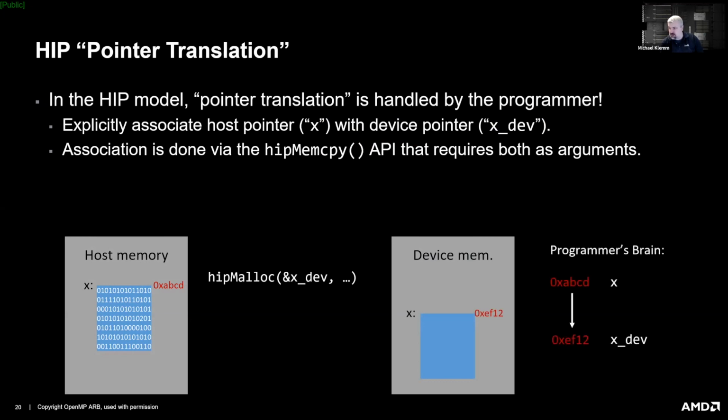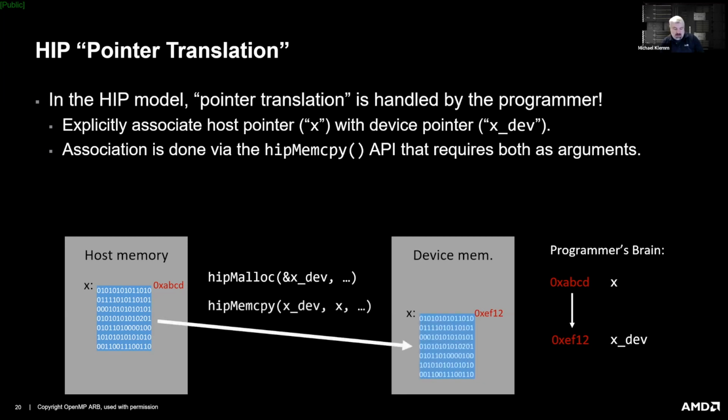Then the programmer brain logic basically associates that whatever is in X, say it's ABCD, is the same object as X_def, just the host version of it. And then you write the corresponding hipMemcpy that takes this association in your convention and in your brain to implement the proper data transfer. And that's what OpenMP basically does for you automatically.